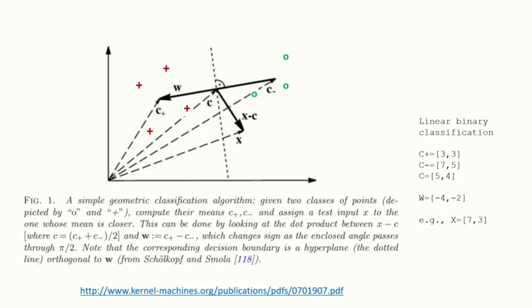Once you have a new data point, we use dot product to compute the cosine, and then look at the sign of this product to tell whether this new data point belongs to red or green. So here is the idea. You have some red points, and on this side you have green ones.